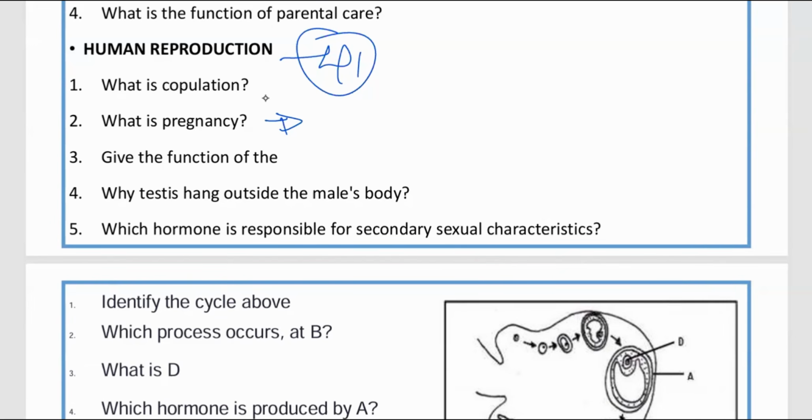If implantation has not yet taken place, we might not say that you are pregnant. So in layman's terms, that is the period from when the zygote has formed until giving birth. Sometimes we call it gestation. Scientifically, we call it gestation period.